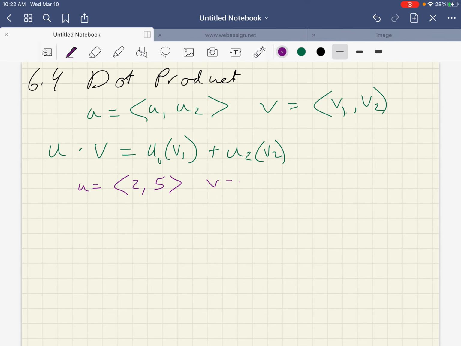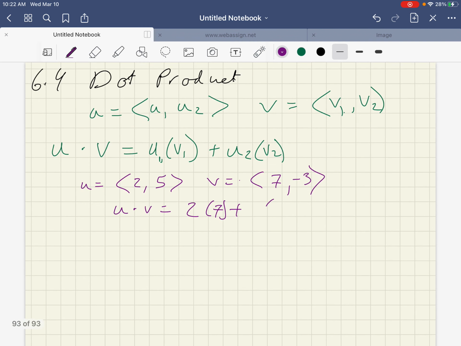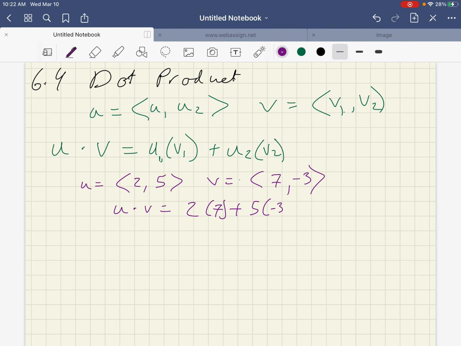So let's try some numbers with it. Let u be 2, 5, and then let v be 7, negative 3. All right, so to find the dot product of u dot v, we're going to take 2 times 7 plus 5 times negative 3, and that's going to give me 14 minus 15, so negative 1, and that's my dot product.